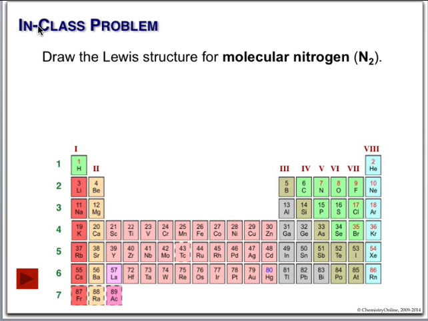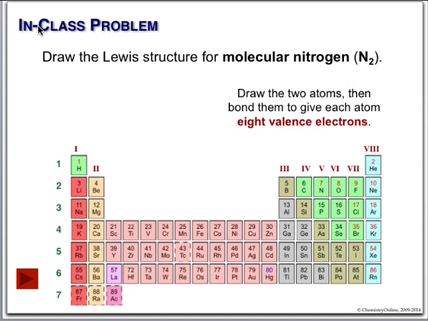Let's do another. Molecular nitrogen. This one's a little more difficult. Nitrogen, as a gas, exists as N2. So 2 nitrogens stuck together. It's a very, very unreactive gas. We'll see why in just a minute.